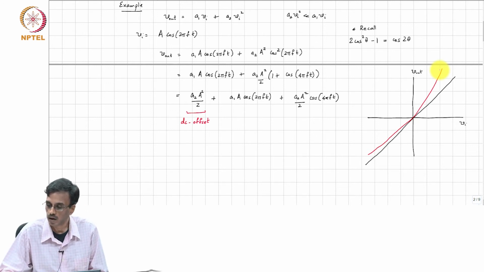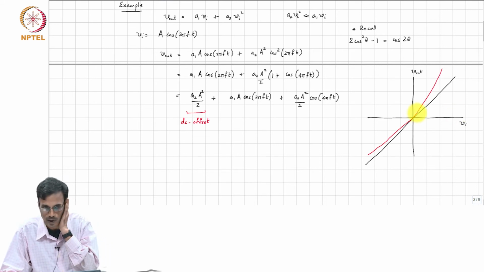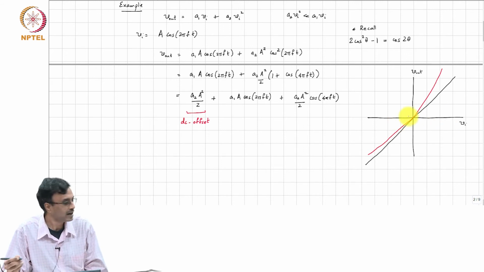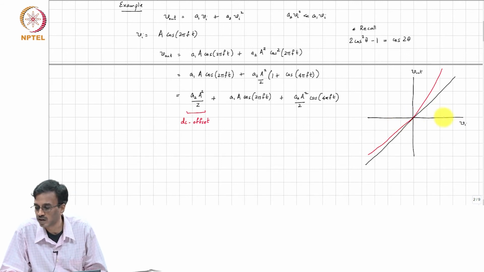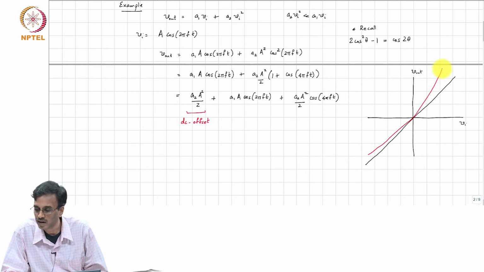So even though the input is a sinusoid whose average value is 0, which basically means that the input spends equal amount of time on the right as well as on the left, clearly, you can see that when the input is on the right, the output is always larger.